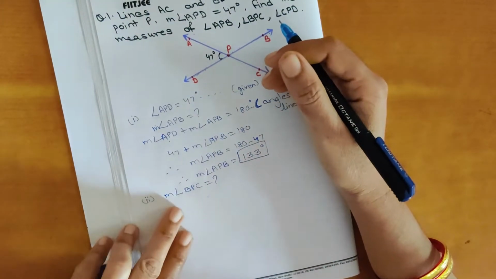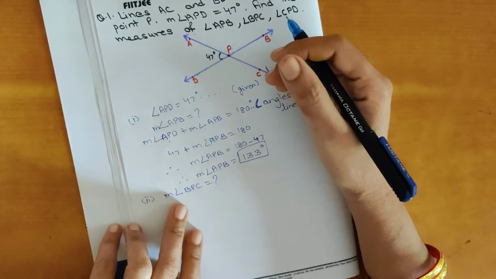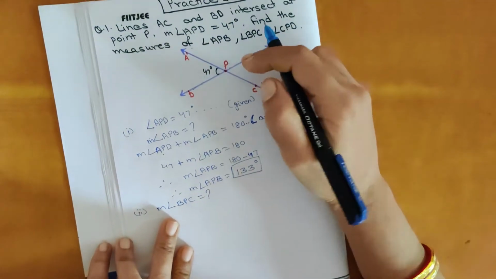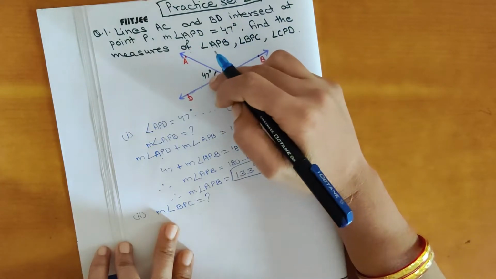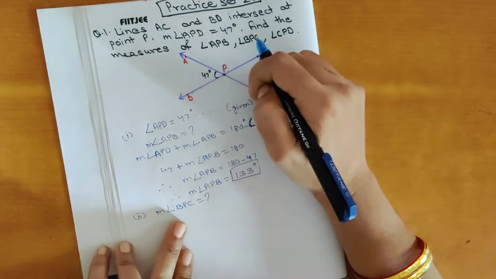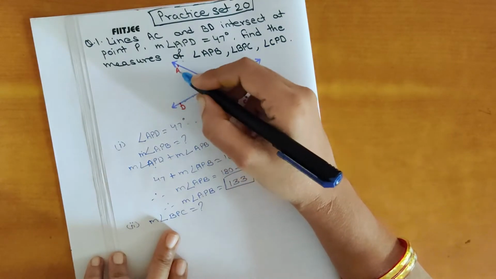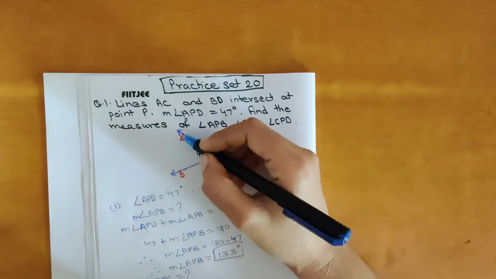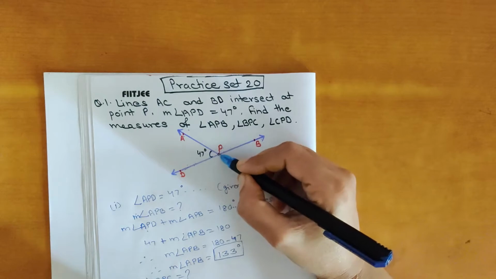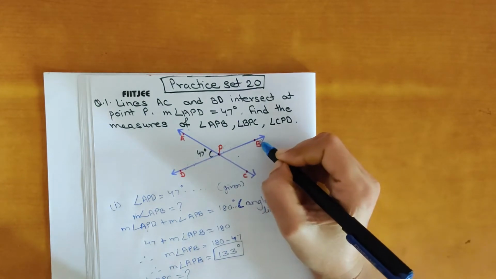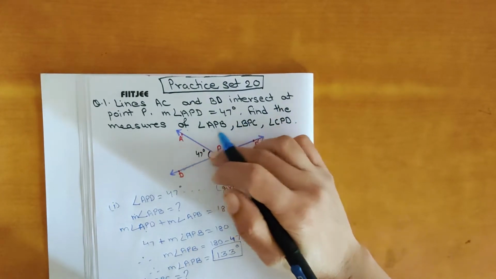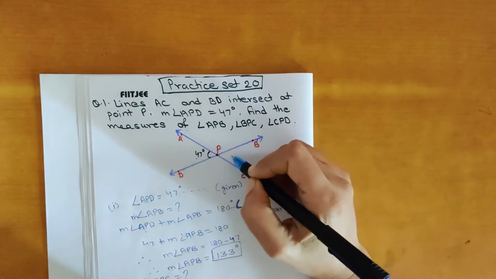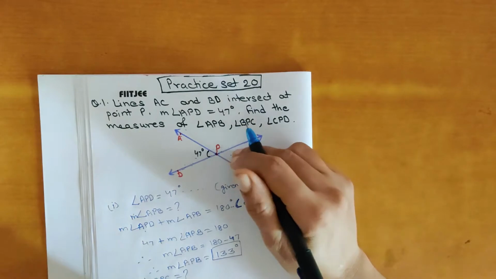Now you know we know angle APD, and they are asking BPC. If you see this angle APD, this is the vertex. Opposite to this is angle BPC. They are vertically opposite angles. So this is 47 degrees, so this will also be 47 degrees.